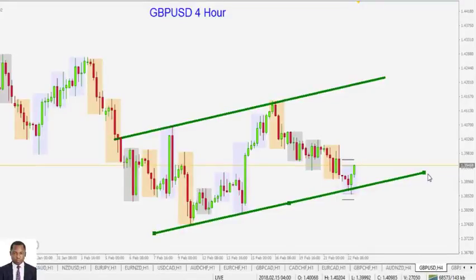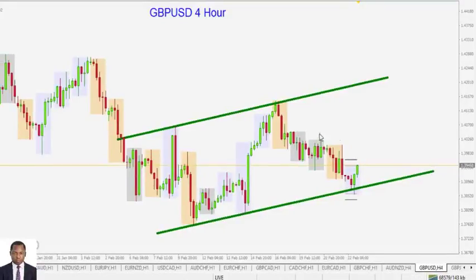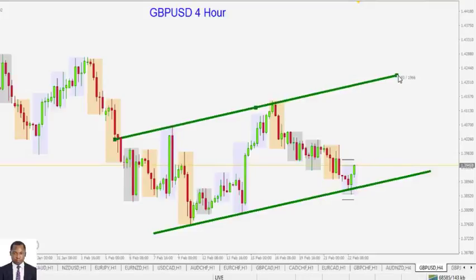My view here was that if you take a sell on the sterling pounds against the American dollar, right here you were trading against this level that was holding price as support. So that was my view.